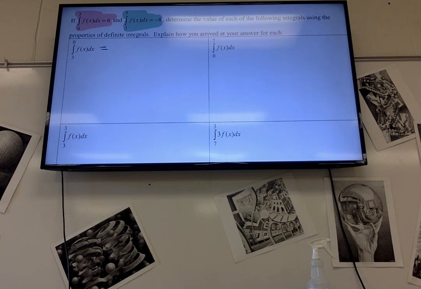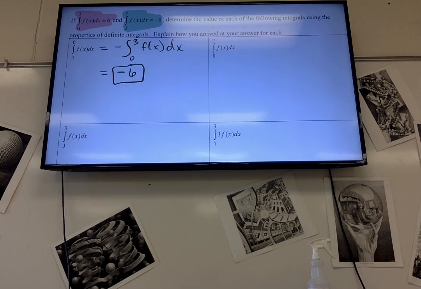Wait a second. 0 to 3 is just negative 6. According to our property over here, the integral from 3 to 0 of f of x dx is the negative of the other, so that's negative 6.